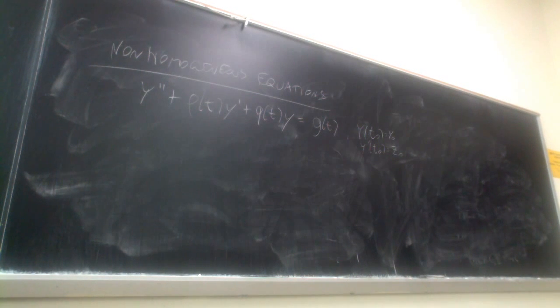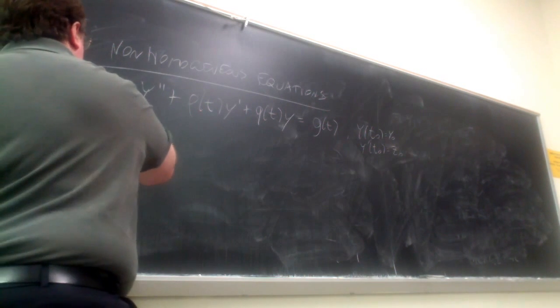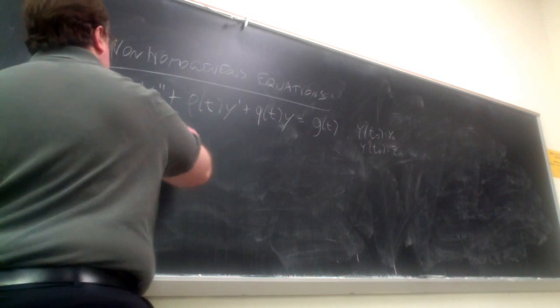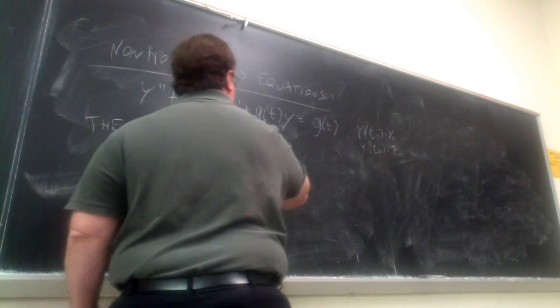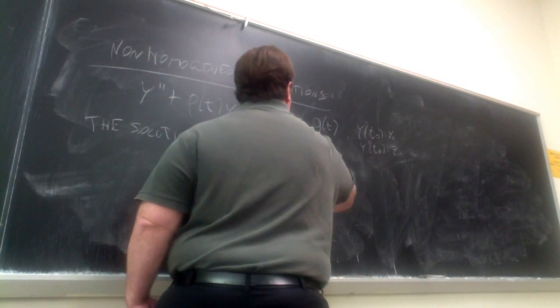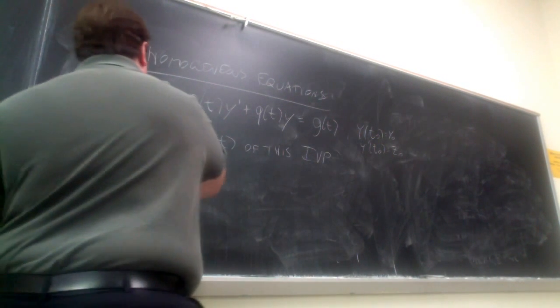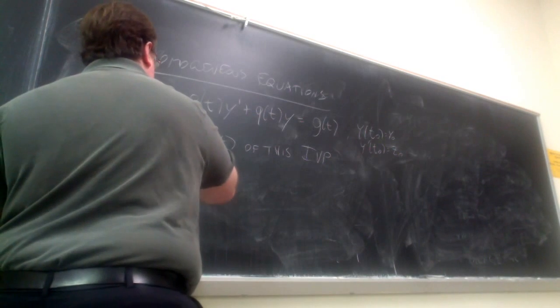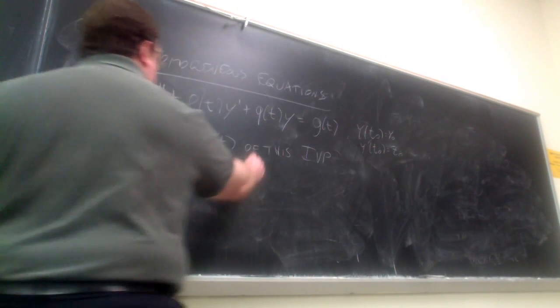So I want to describe at least the general form of a solution as a starting point for how you proceed on such problems. So the solution, y of t, of this IVP, initial value problem, has this form.